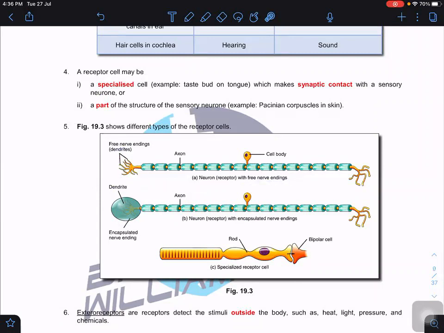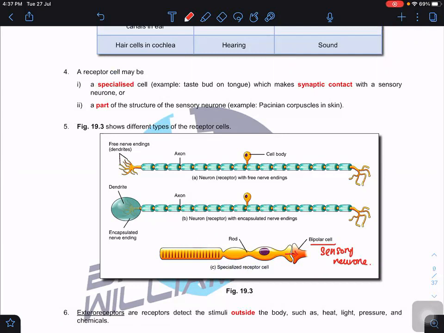But we do have receptor cells which are specialized. If you look at this, here is the rod cell. The rod cells have specialized features to detect the light. Then they generate an action potential, which travels across the synapse into these bipolar cells, or what we call a sensory neuron. Are you clear?